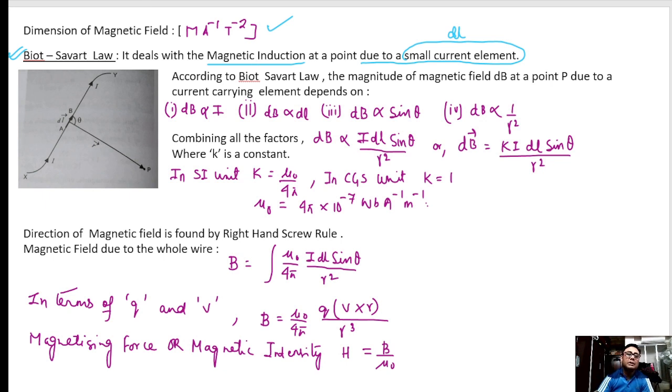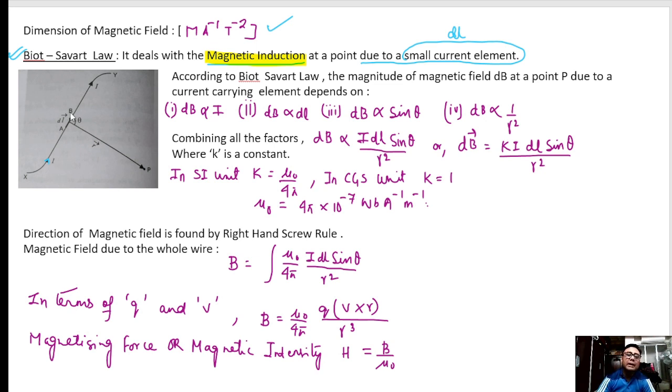Please keep note here that in the case of Biot Savart law, we deal with magnetic induction. Clear? So let's now see. Suppose this is a wire. Please watch here. This is a wire which is carrying the current I.